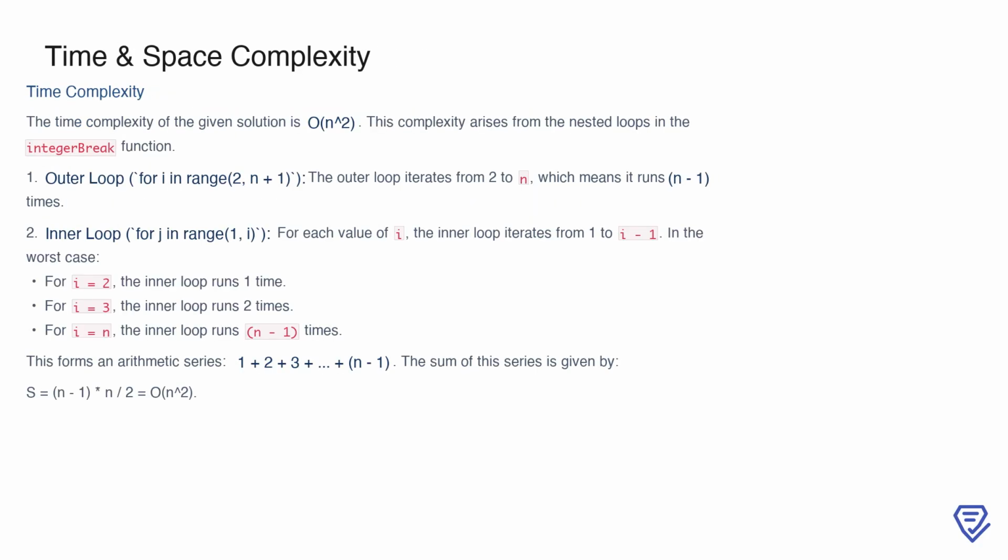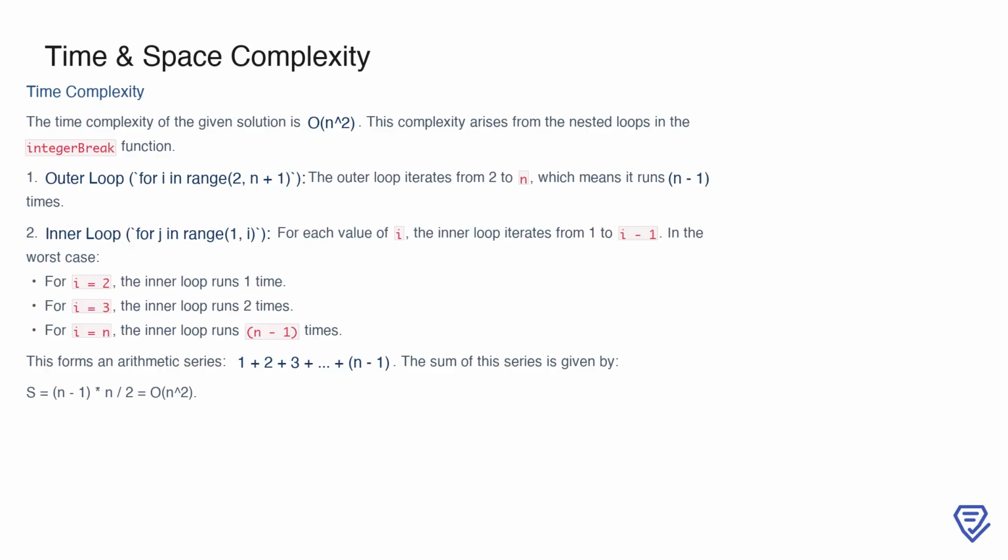To analyze the time complexity of our solution, we start by examining the nested loops in the integer break function. The outer loop runs from 2 to n, which means it executes n minus 1 times. For each iteration of the outer loop, the inner loop iterates from 1 to i minus 1. This means the number of iterations for the inner loop increases as i increases. For i equals 2, the inner loop runs once, for i equals 3, it runs twice, and so on, until i equals n, where it runs n minus 1 times.